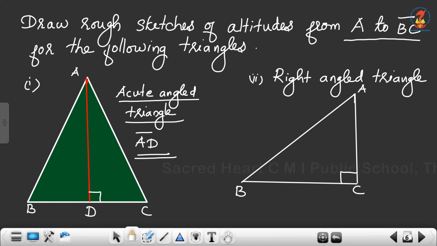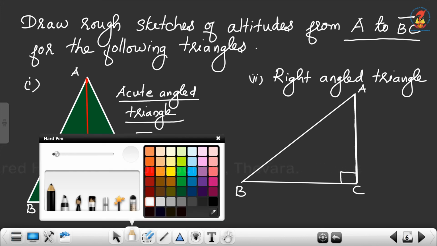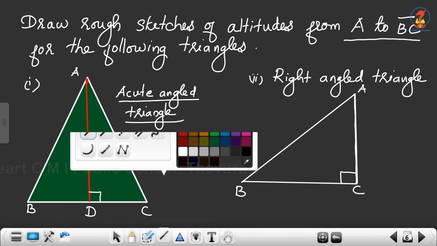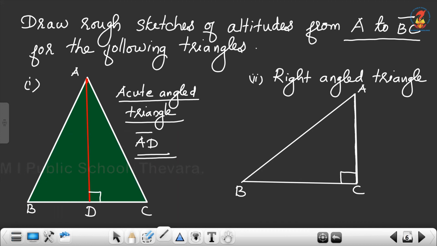So, from A we have to draw the perpendicular line segment to the side BC, that is the side AC itself. So, we can say that side AC represents the altitude of the given triangle.